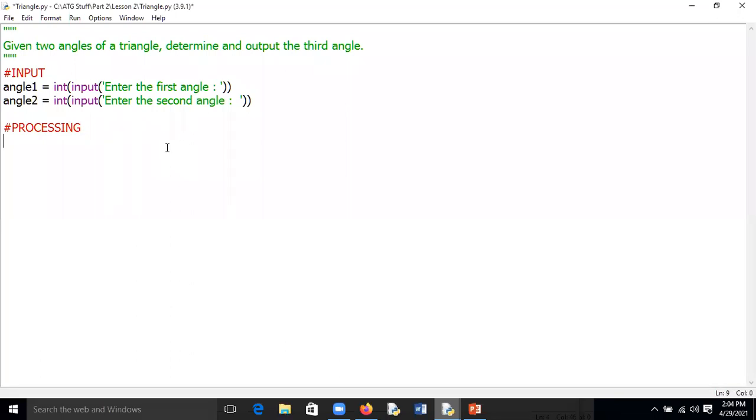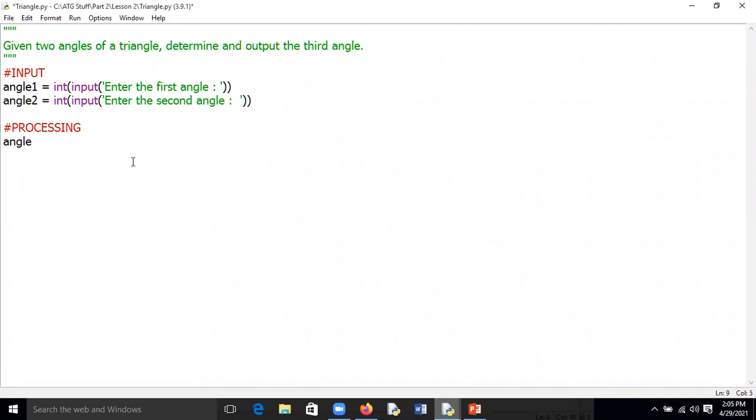So the sum of angles of a triangle add up to 180. So we have two angles. To determine the third angle, we have to subtract. We have to subtract the two angles from 180 degrees.